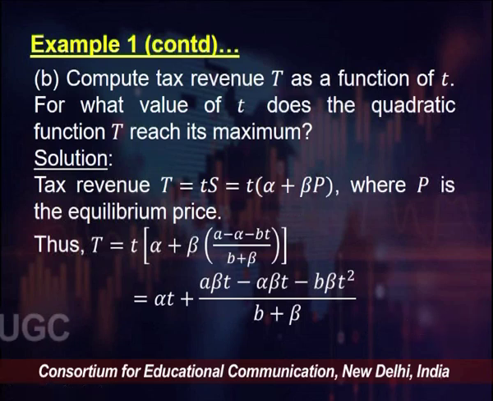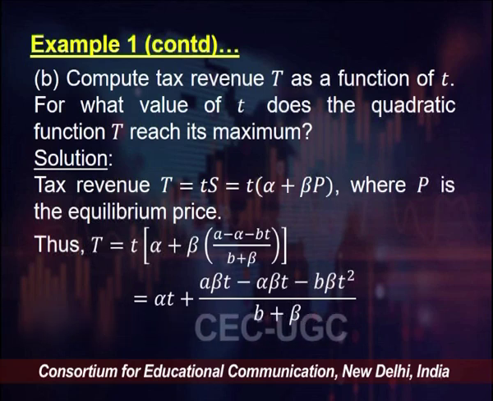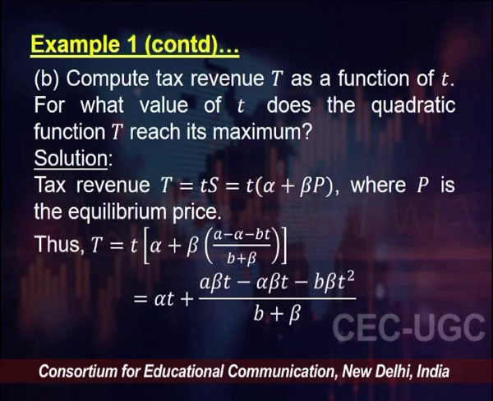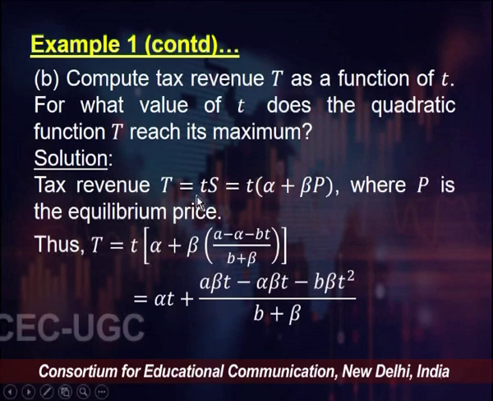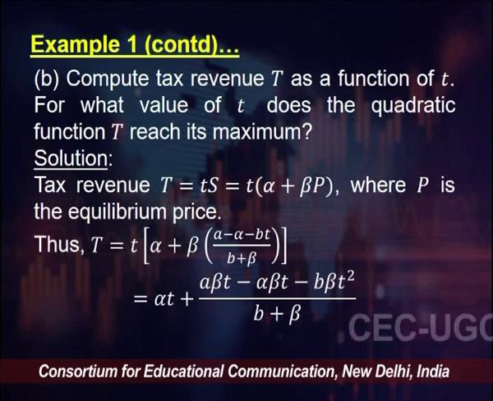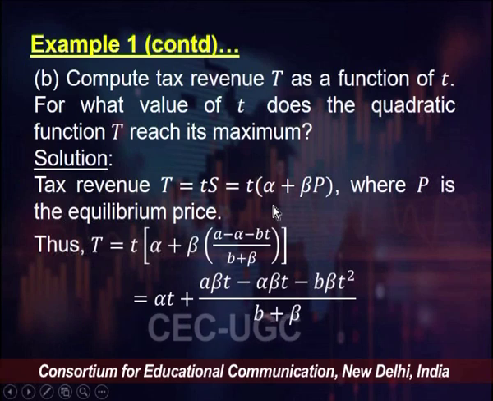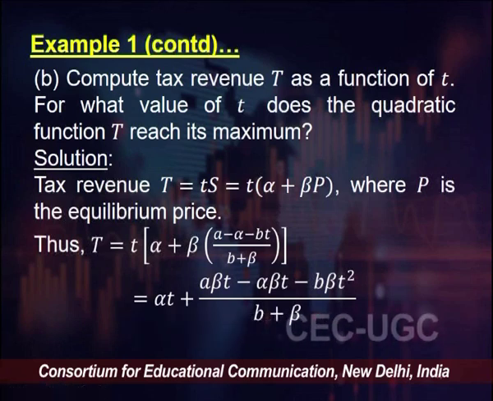You could very well use the demand function also, which is A minus B times (P plus t). You could use that, but this is a simpler expression, because in equilibrium both will be the same: alpha plus beta P would be equal to A minus B times (P plus t). So we can use either, but this is simpler. So T times (alpha plus beta P), where P is the equilibrium price.